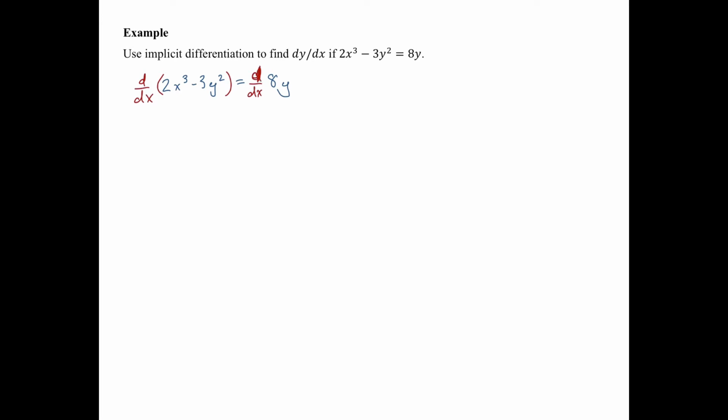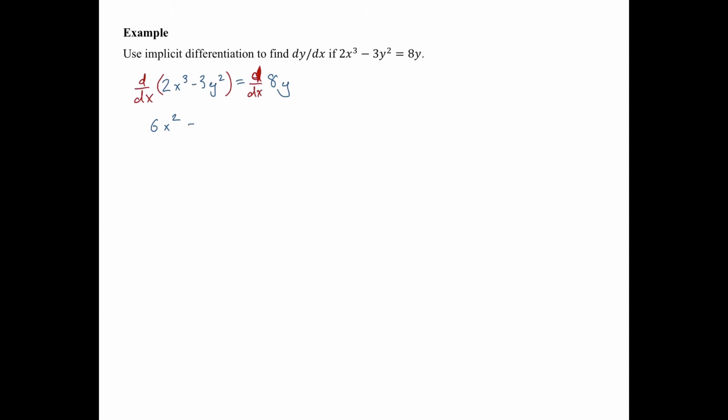All right, so if we look at what we have to do first, this 2x cubed is something we've already been taking the derivative of, so we'll use our normal methods. That is to say, the 2 is a constant multiple, so the 2 will stay in front, and when we take the derivative of x cubed, the 3 comes in front, so that'll be 6x squared. And this is where we're going to consider the chain rule, but we're not going to go through all the steps to replace y with f of x.